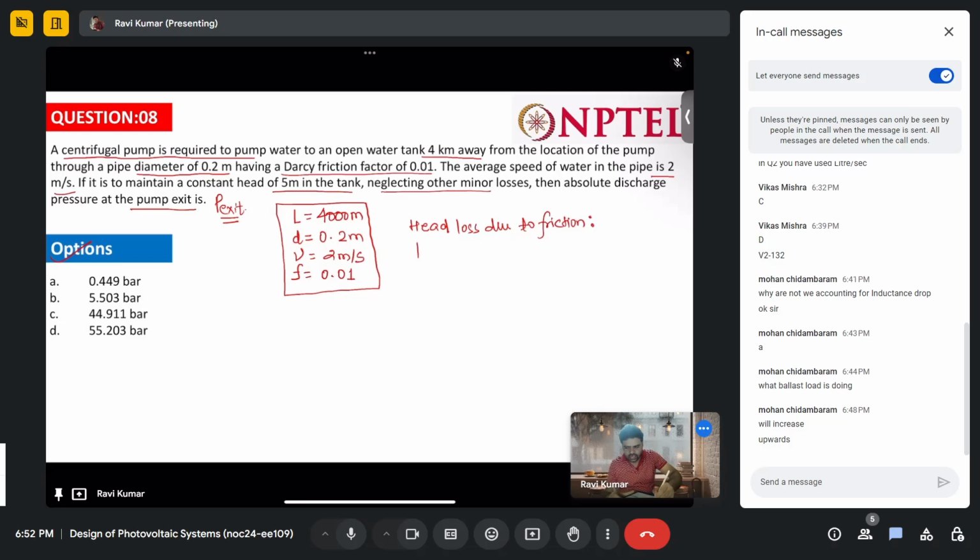So this HF we have a simple formula, already given: f L V square divided by 2 g D. Just put the values here and find this friction head.